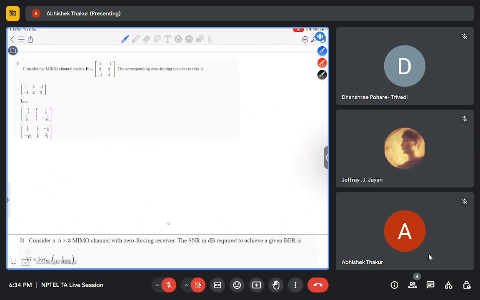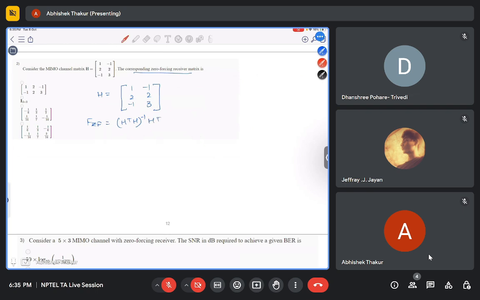Consider the MIMO channel matrix H equal to 1 2 minus 1 minus 1 2 3. The channel matrix is given as 1 2 minus 1 minus 1 2 3. So now we have to find the corresponding zero forcing receiver matrix. FZF is the zero forcing receiver matrix, given as H transpose H inverse into H transpose.